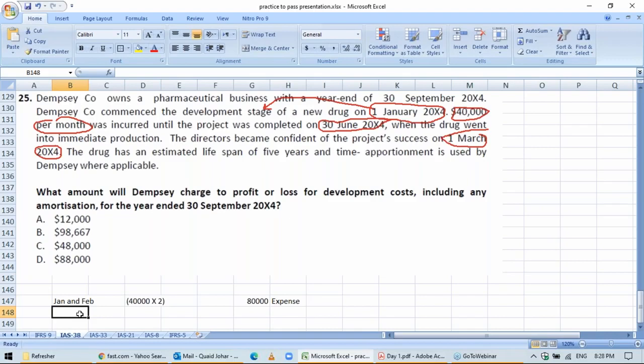Then from March to June, conditions are met. So they will capitalize 40,000 multiplied by 4. So there are 4 months, 160,000 capitalized. Now the year end is 30th September.